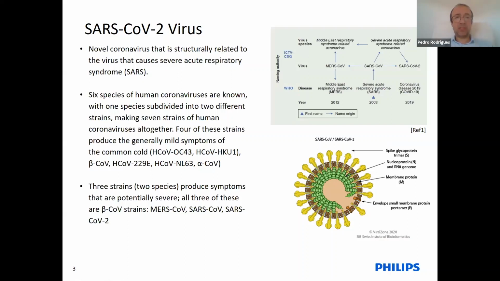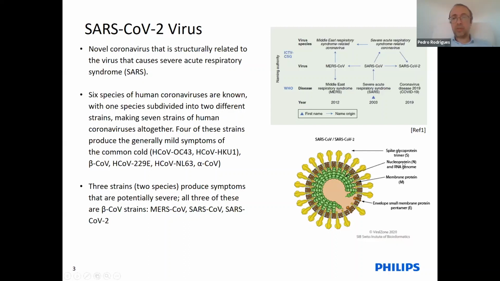We have one species that is divided into 2 strains, and in total we have 7. Of these, 4 are typically common for the mild symptoms of the common cold, and the 3 which are more severe are the original SARS, the Middle East Respiratory Syndrome that appeared later, roughly 7 years ago, and then the current virus that we have, SARS-CoV-2.